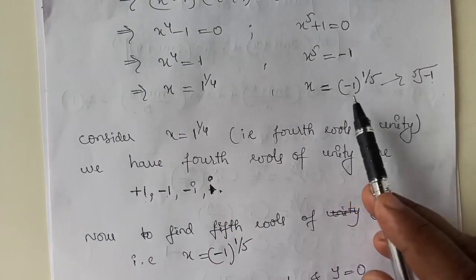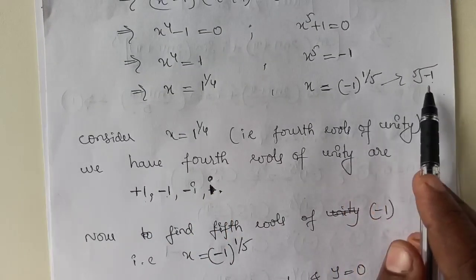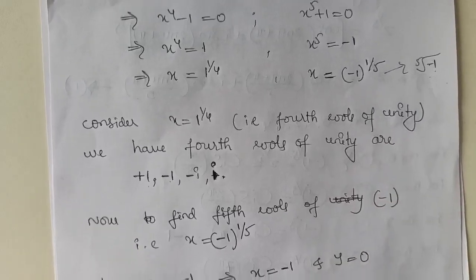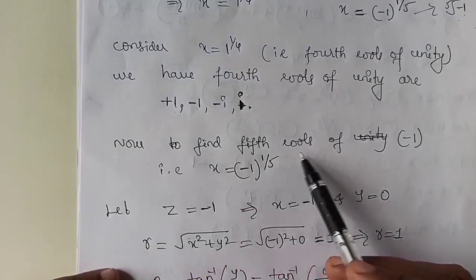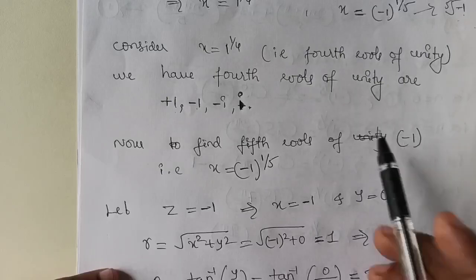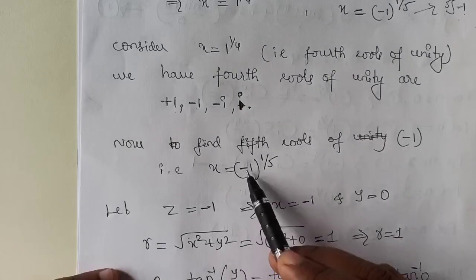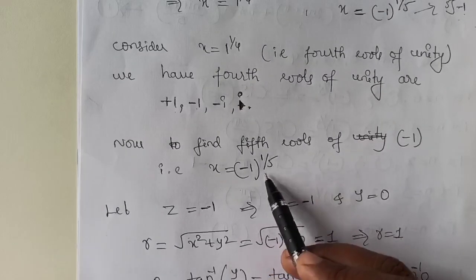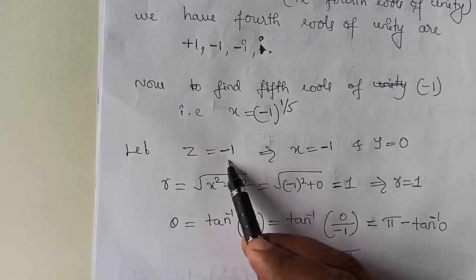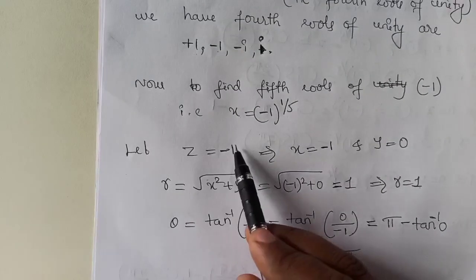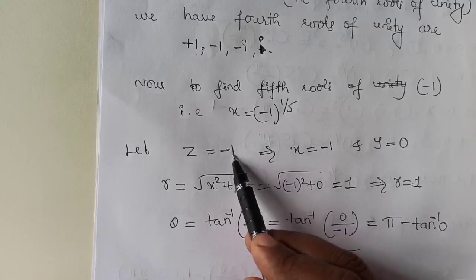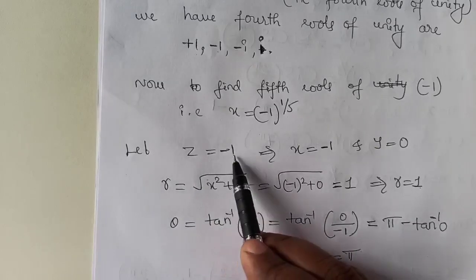Now we have to find the fifth root of -1, that is x = (-1)^(1/5). We let z = -1, because we want to find the fifth root of this -1.